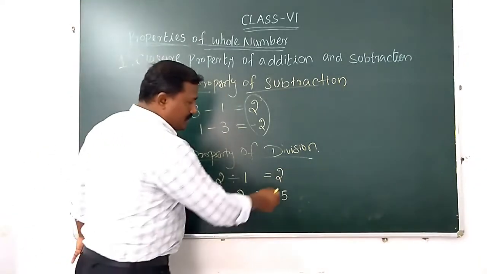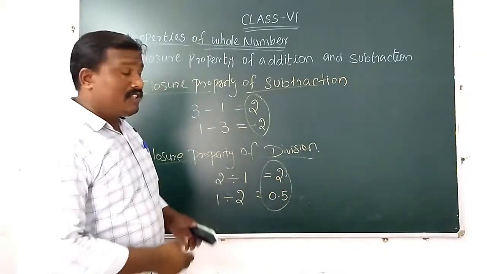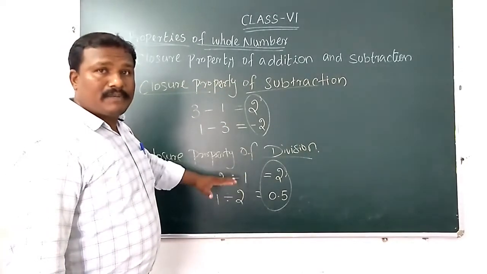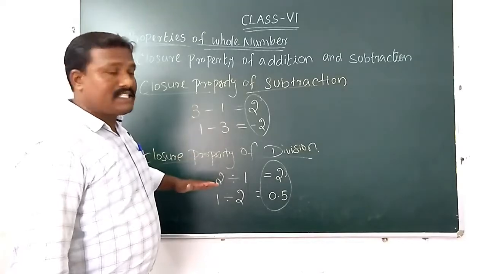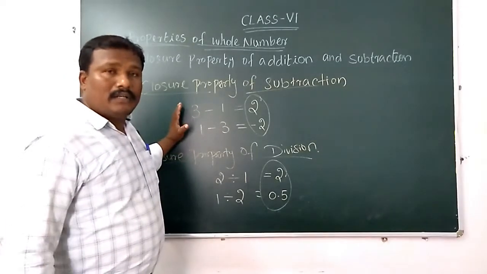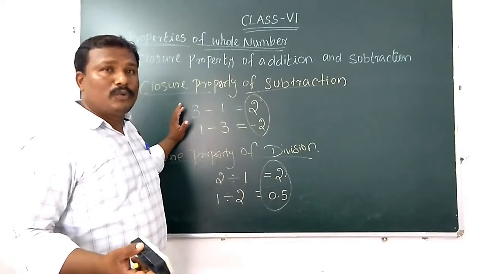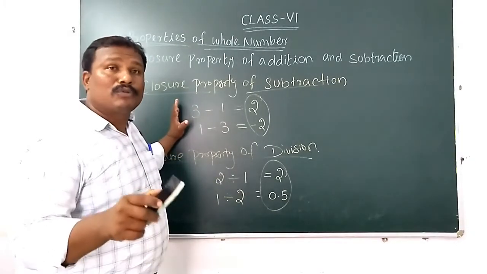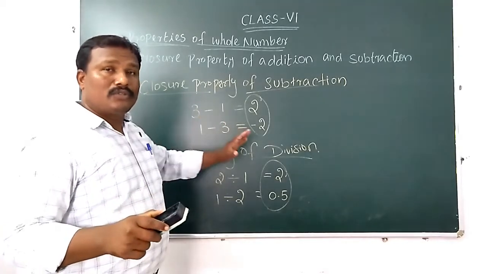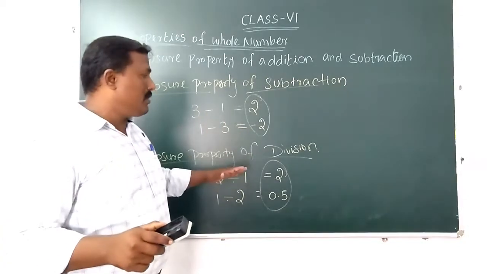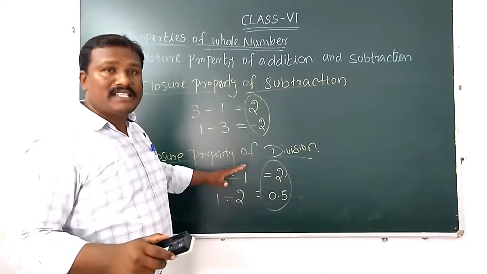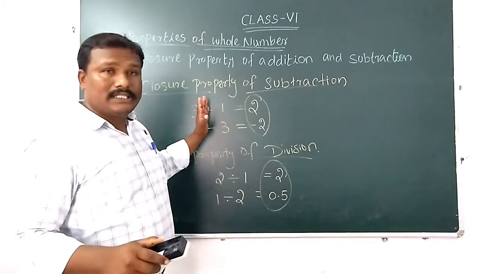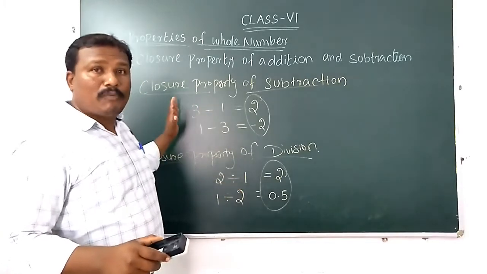So this result is not the same. So for subtraction and division, it's not supported in these two properties. In any situation, if you do subtraction and division, you have to see carefully. Don't change the place. If you change the place, it will give a different answer.